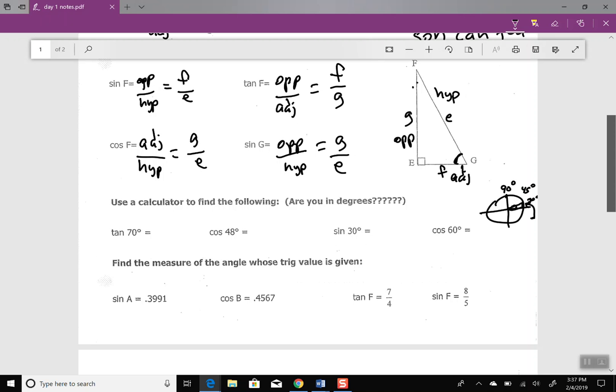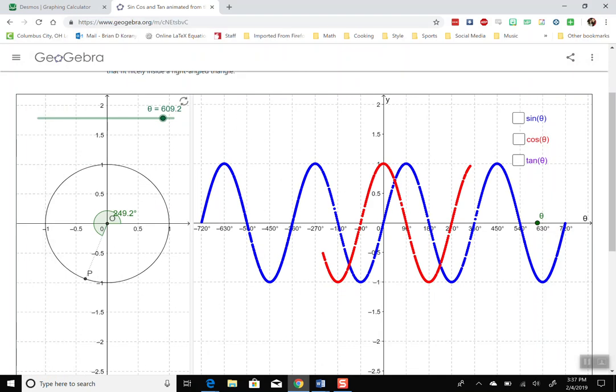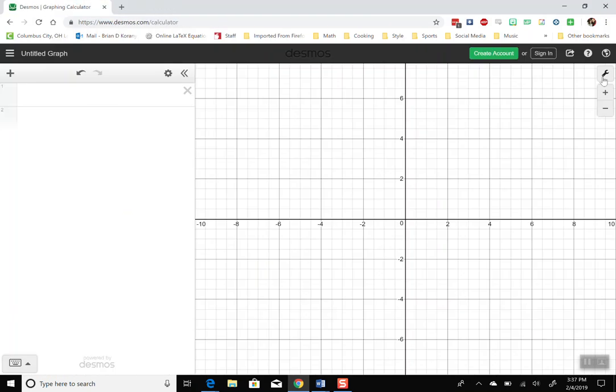Well, there are certain values that we memorize that you'll do in Mr. Lewis's class or Miss Carruthers' class. But for now, sine of 30 degrees, we're going to use Desmos to calculate. So I'm going to go to Desmos. One thing I have to make sure is that you are in degree mode, whether you use a TI-83 or TI-30 or Desmos.